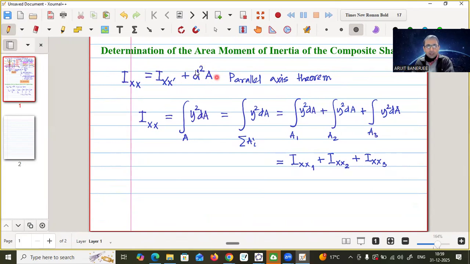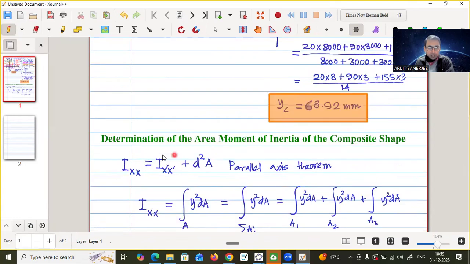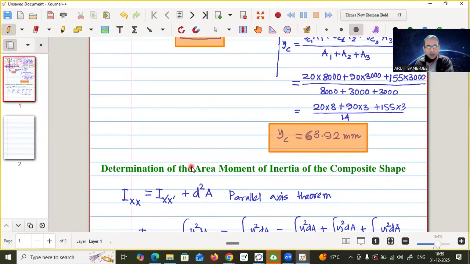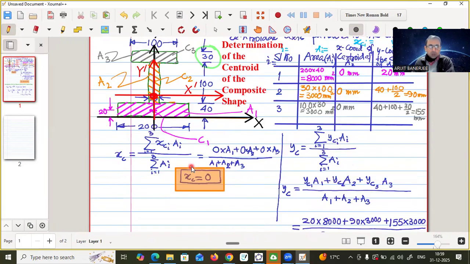That is the job. So this part is now to be determined individually. First of all, we will determine Ix'x' for the individual shapes and then add. So try to understand that.